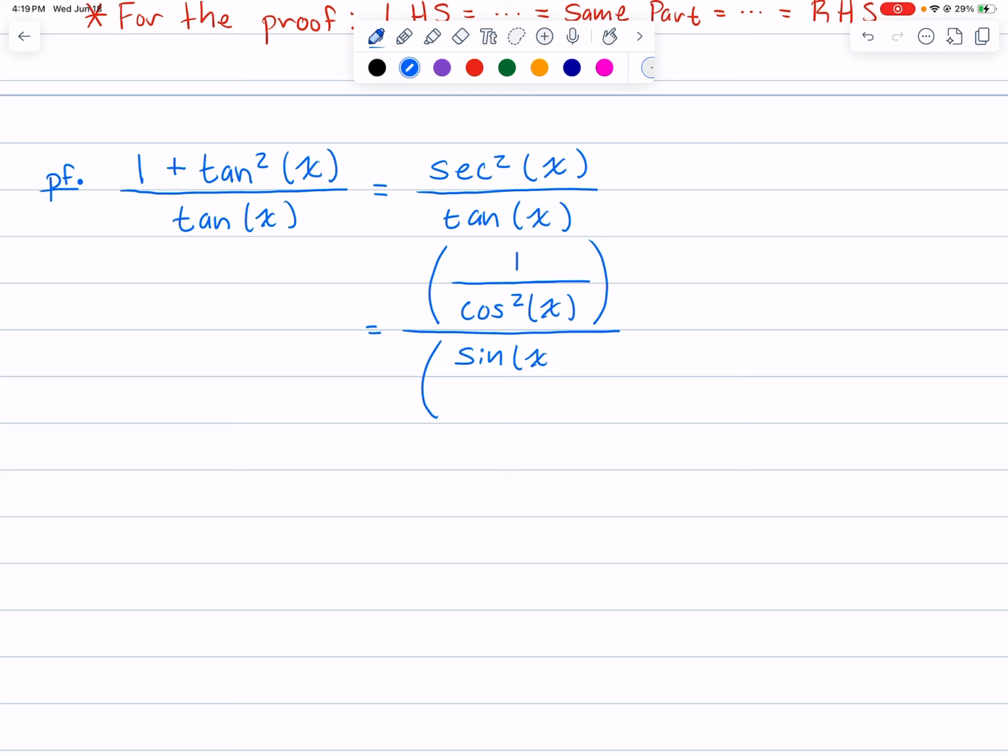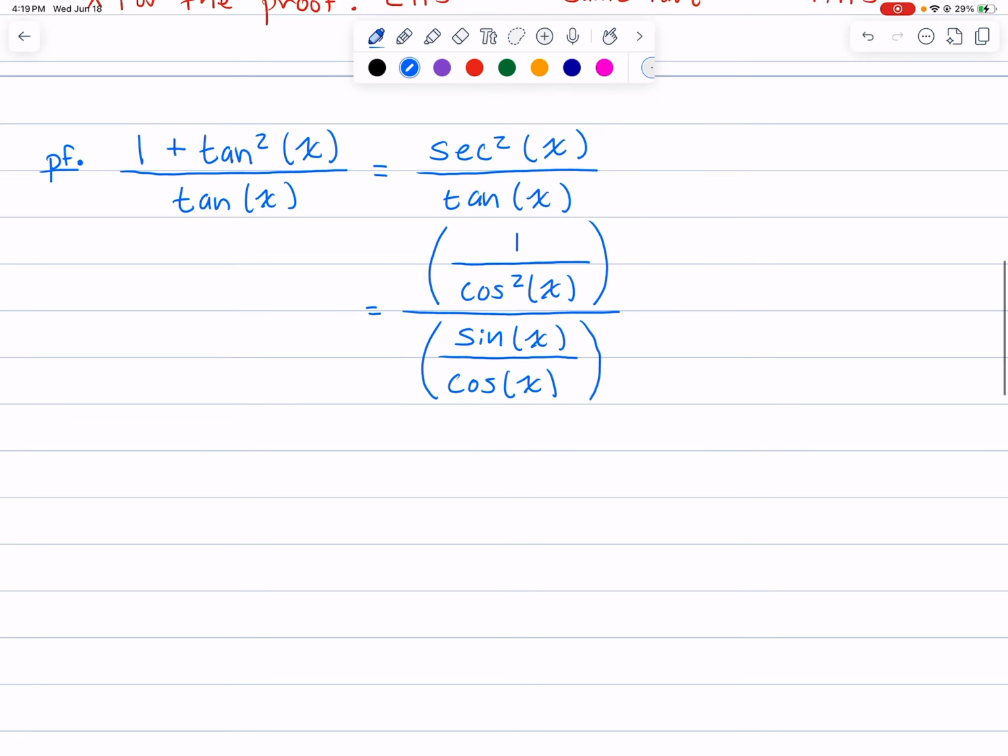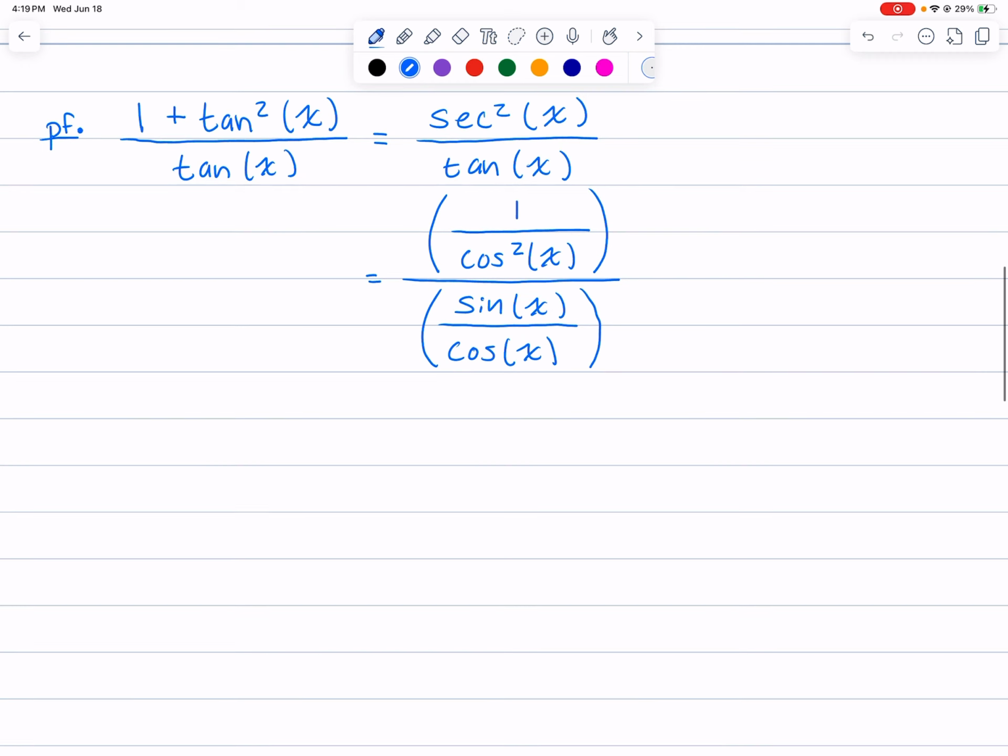So sine of x over cosine of x. Okay, again, we then rewrote it to make it a little bit easier to read. So we'll do the same here. So this is the same as 1 over cosine squared of x times cosine of x over sine of x.